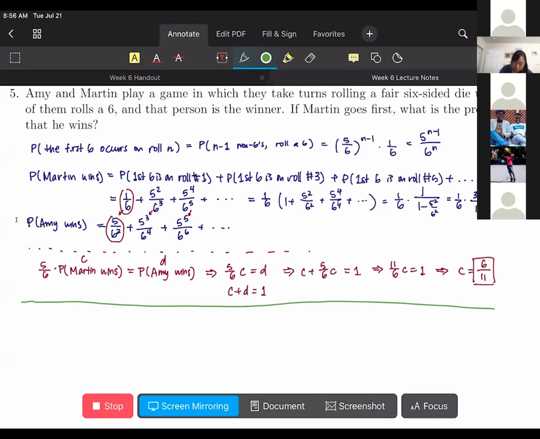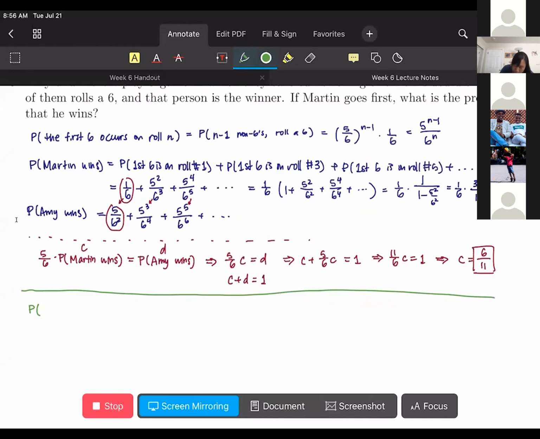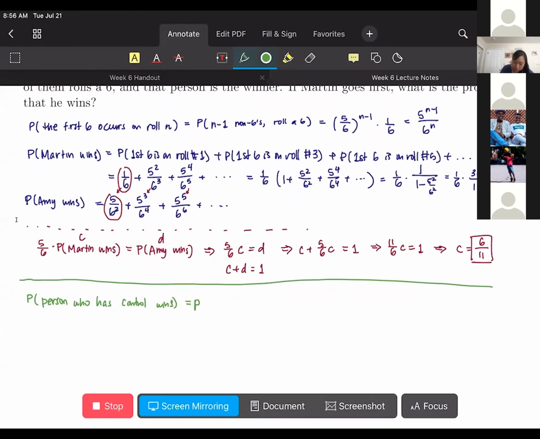So I'll say the probability that the person who has control wins, we can just call this P. And Martin starts with control.